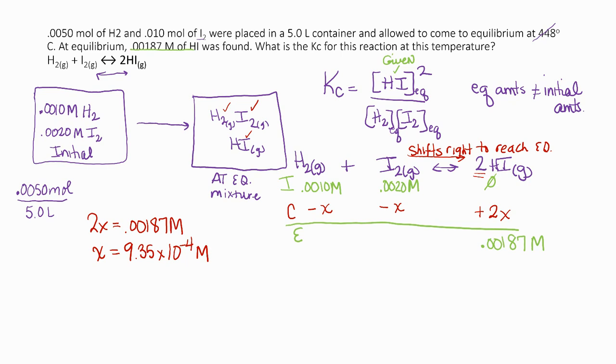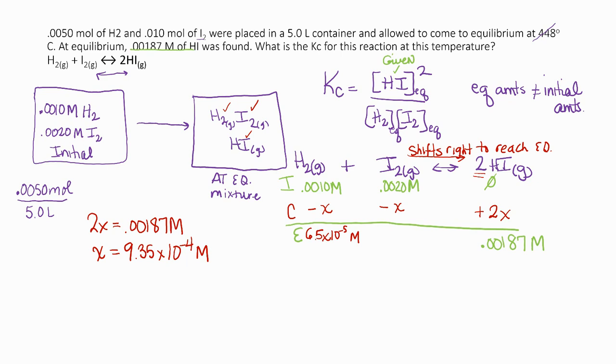So 0.001 minus this number gives us the amount of hydrogen, 6.5 times 10 to the negative 5. That's how much is left at equilibrium in the flask.